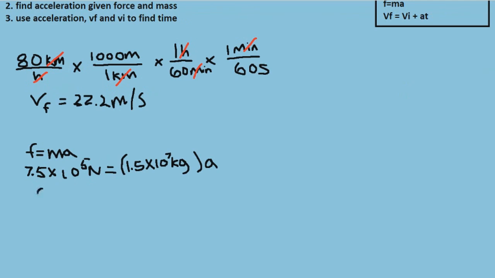So we are going to have an acceleration of 7.5 times 10 to the 5 divided by 1.5 times 10 to the 7. We're going to get an acceleration of 0.05 meters per second squared.